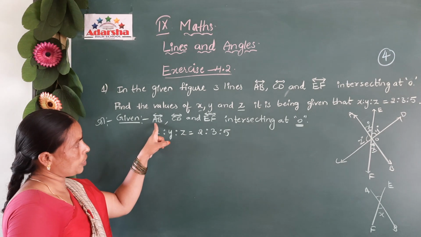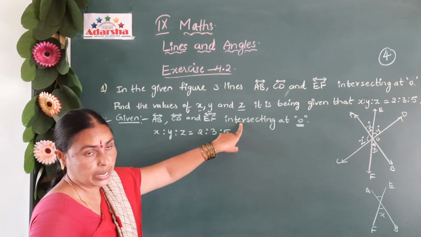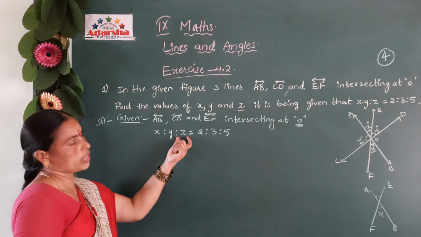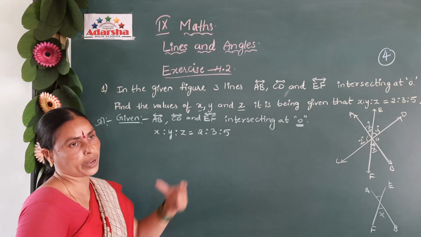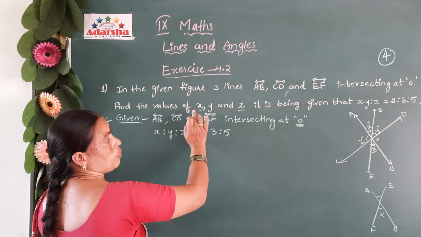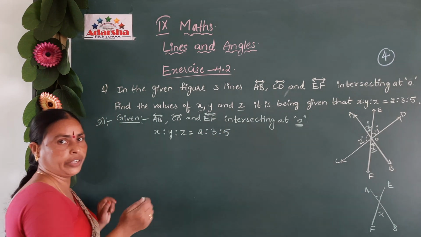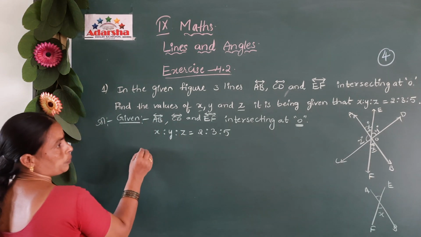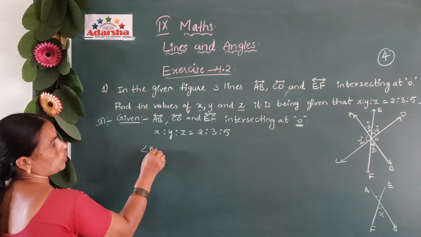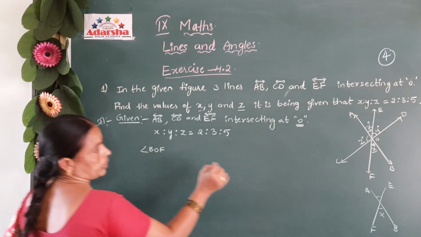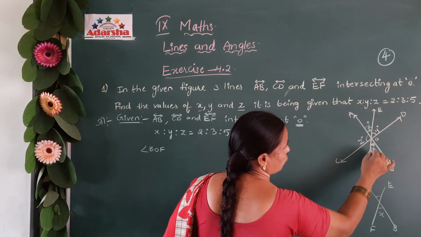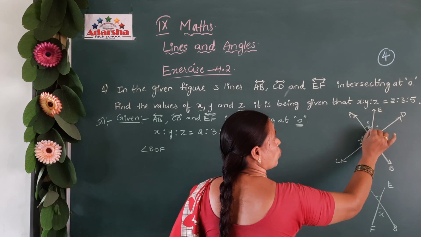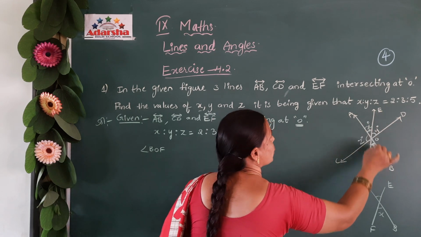What is given? AB, CD and EF are the three lines intersecting at point O, and the ratio of x : y : z is also given, 2 : 3 : 5. What do we have to find? The values of x, y and z. How can you find them? Observe the figure. Here, this is the angle BOF, and angle BOF and angle AOE are the vertically opposite angles.